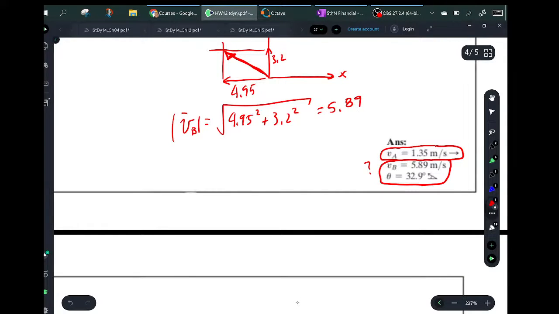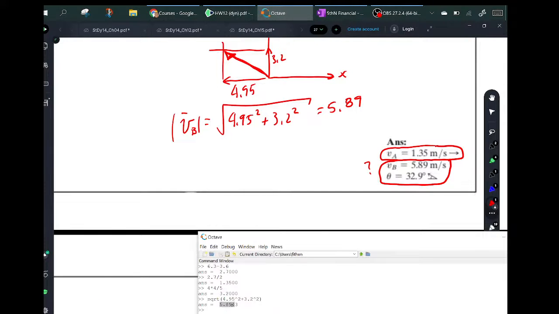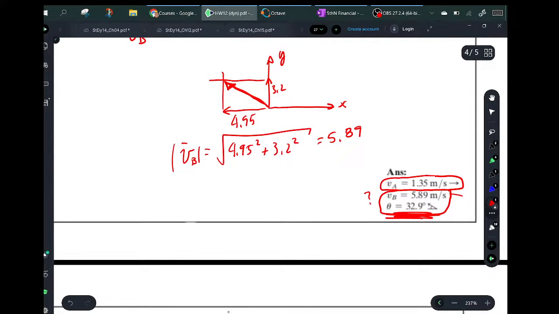I think it was 8.9. So that's what we got there. Now 32 degrees, where did that come from? Well, he's saying that's measured up from here. There's two ways you could do that.